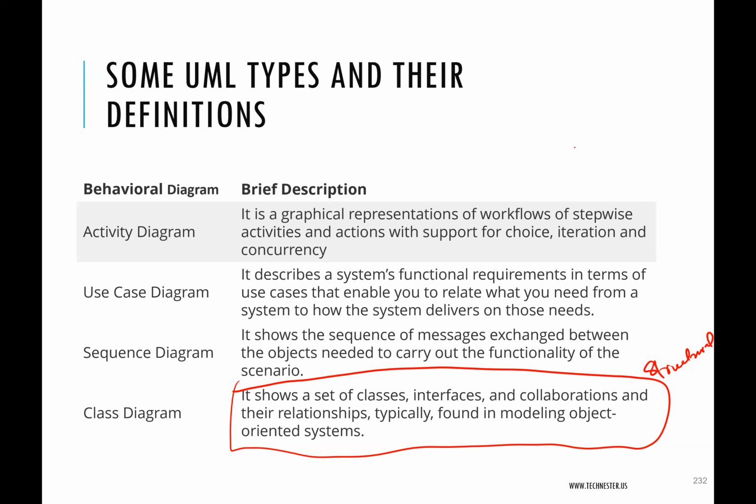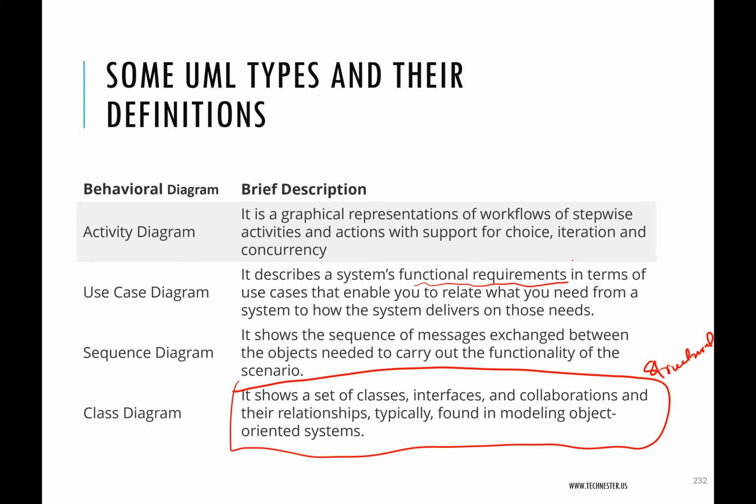Then you have a use case diagram, which is another technique we'll be looking at. A use case diagram describes a system's functional requirements in terms of use cases. So it's representing the functional requirements of a system as use cases.